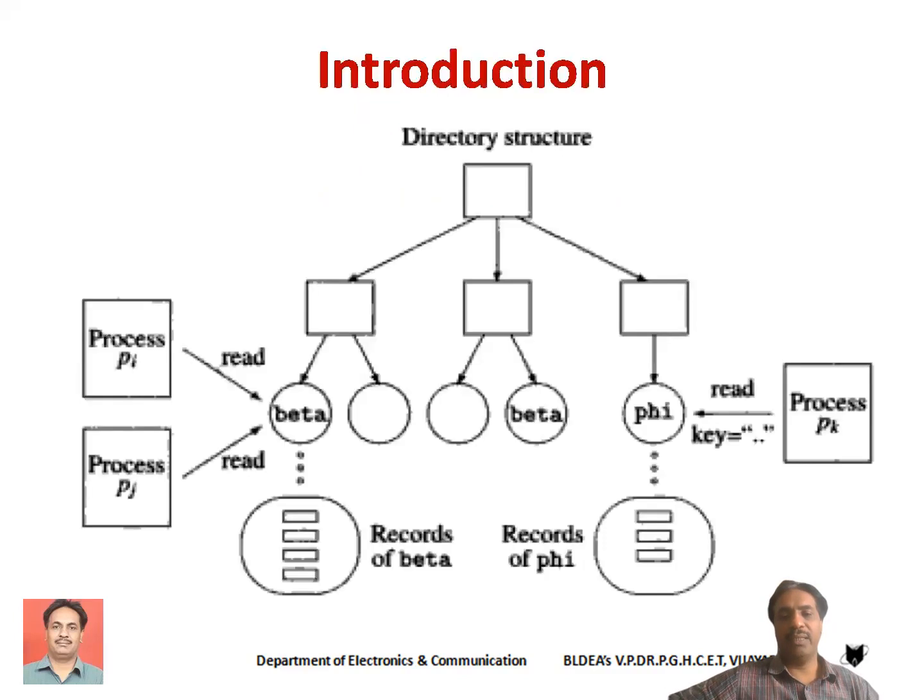In general, the file system is organized as a directory structure. If you look at this diagram, we find a directory structure. Here we have the main directory, which is also referred to as the root directory. Within this root directory, you can create any number of directories and subdirectories.